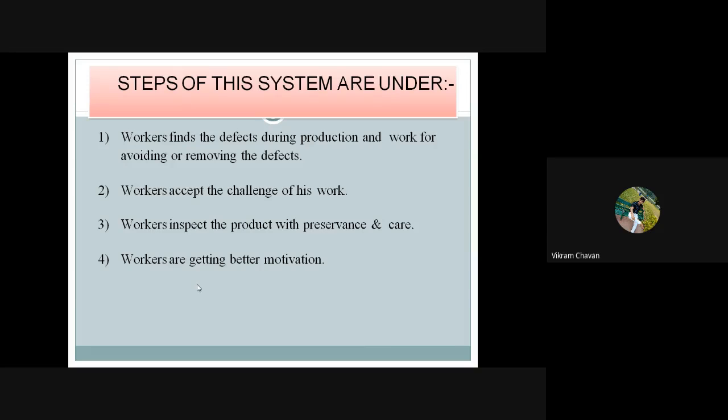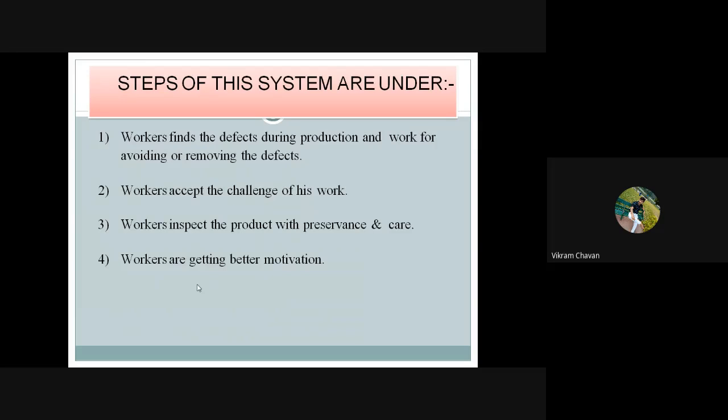Second step, workers accept the challenge of their work. Full stop.